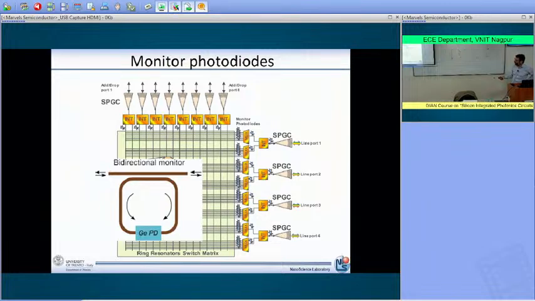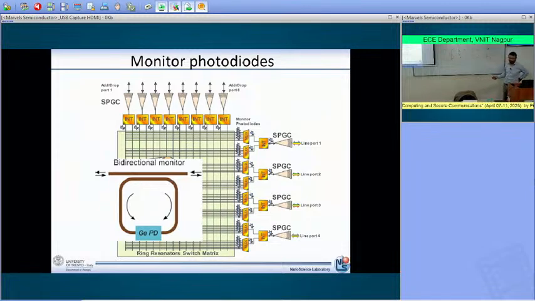So here the advantage is that on one side you control the coupling here, very small coupling because you do not want to remove too much power from the line. So very small coupling factor here, and then you have a looped waveguide so that you can monitor both the signal that is coming here, is coupled and then is reaching the photodiode, or the signal that is coming there, is coupled and then reaches the photodiode. Okay? So this is a bidirectional monitor of the light that is propagating in the specific point of the waveguide.